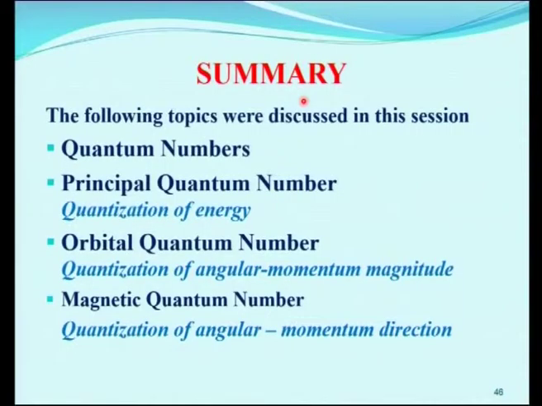Then we have seen the orbital quantum number, which illustrated the quantization of angular momentum in terms of magnitude. The last one is the magnetic quantum number, which also explains the quantization of angular momentum, but in terms of directions.